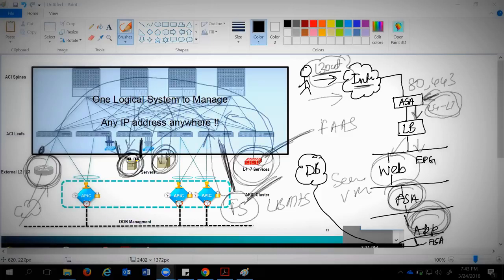Whatever flows of traffic we wanted to see are not done the one proper way, like creating an ASA, putting particular interfaces on it, making another ASA, putting other interfaces on the web, and similarly on the other apps. The same firewall you can use for multiple kinds of services.